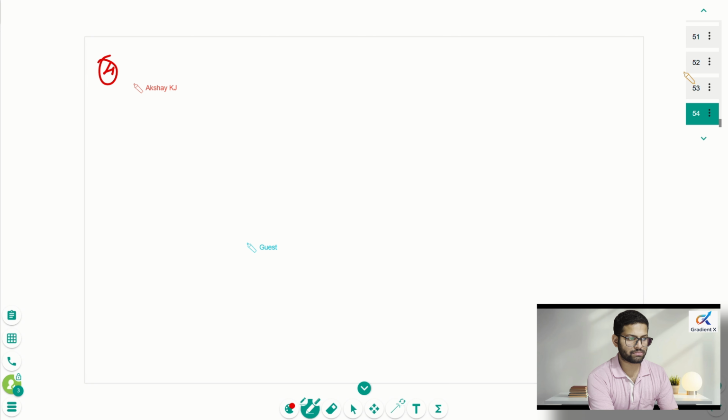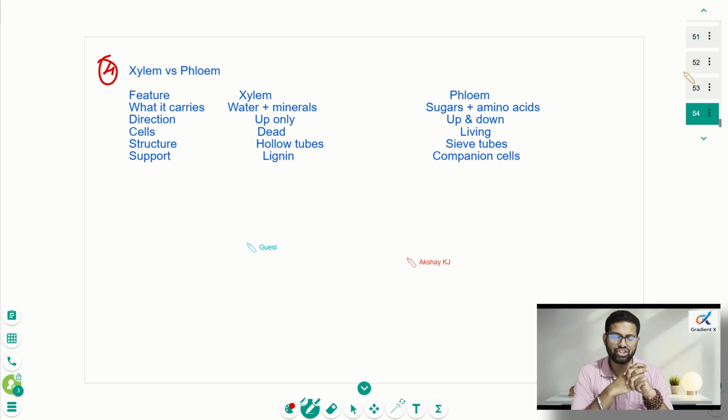The structure: no nucleus, it has hollow tubes, xylem. And in case of phloem, we have sieve tubes, right? To support the xylem, we have lignin, and for phloem, we have companion cells. Can you see it? Any doubts? No, thank you.